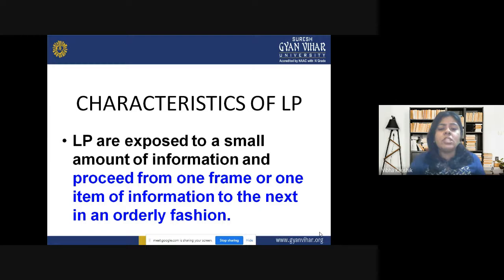The total information is not presented in front of the learners. The information is presented in small amounts and they proceed from one frame or one item of information to the next in an orderly fashion, in a proper order.